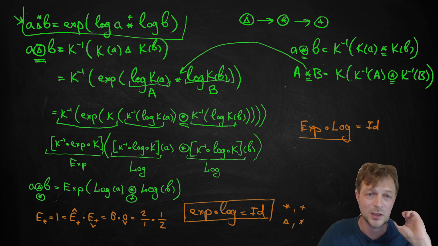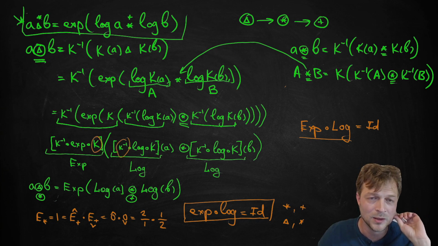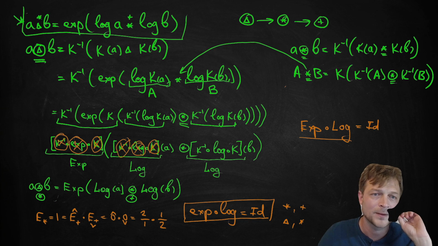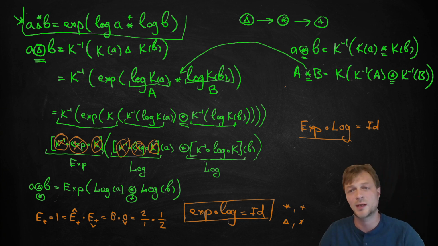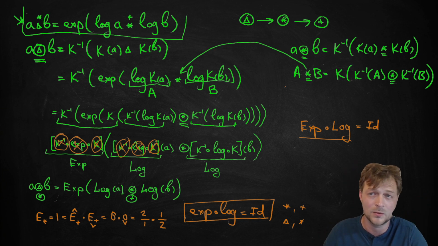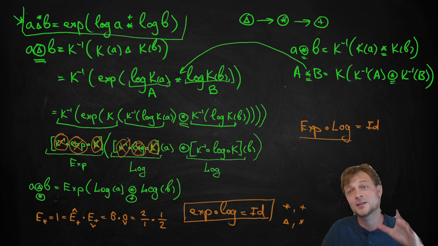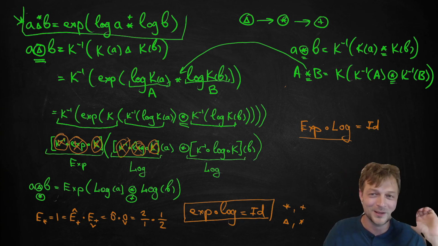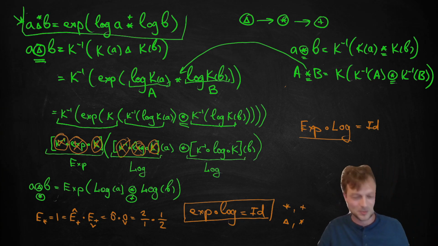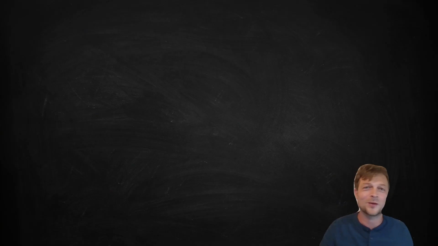It's easy to check because this k will be cancelled with this k, and then this exponent will be cancelled with this log, and this k will be cancelled with this k. So when we compose capital X with capital log, we get identity. Okay, and this is a super nice result, I guess. So let's just move on and talk about results.